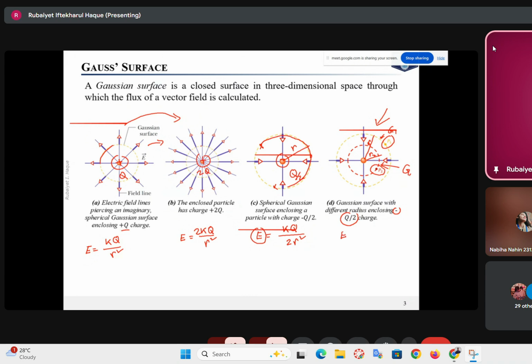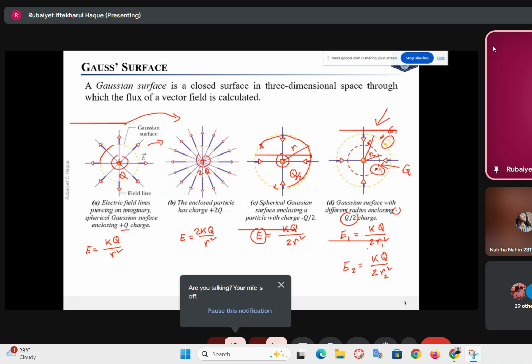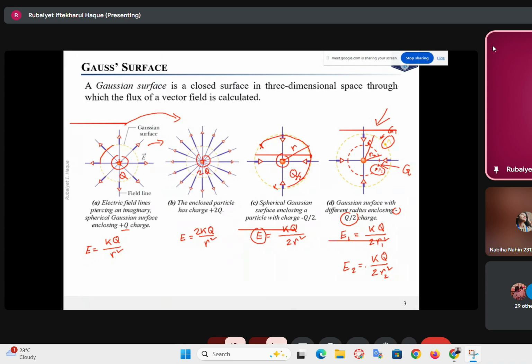So the electric field at the P1 region will be kQ over 2R1 squared, and the electric field on the second Gauss surface will be kQ over 2R2 squared. Because R2 is smaller than R1, the electric field on the second Gauss surface will be stronger compared to the first Gauss surface.